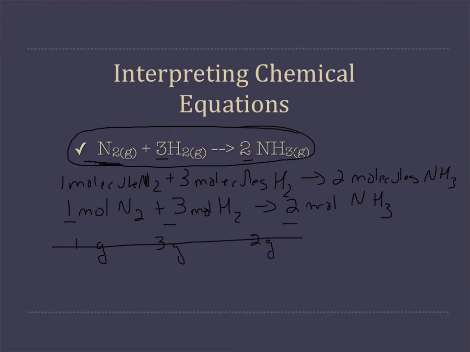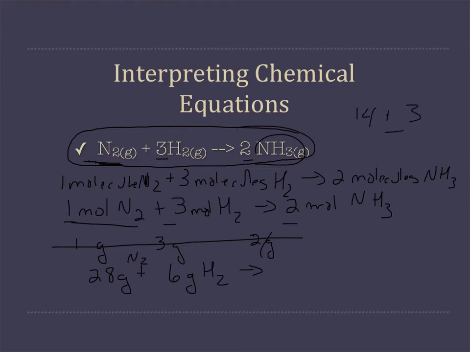If we had a mole of nitrogen gas, nitrogen is 14, so that's 28 grams of nitrogen. If we looked up hydrogen, H2 is 2, and there's 3 of them, so it'd be 6 grams of hydrogen. So 28 grams of nitrogen and 6 grams of hydrogen would give us 2 times NH3, which is 14 plus 3, or 17.